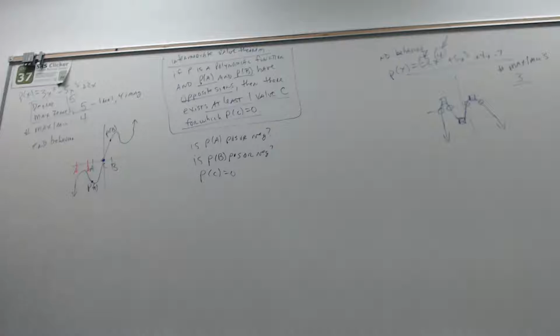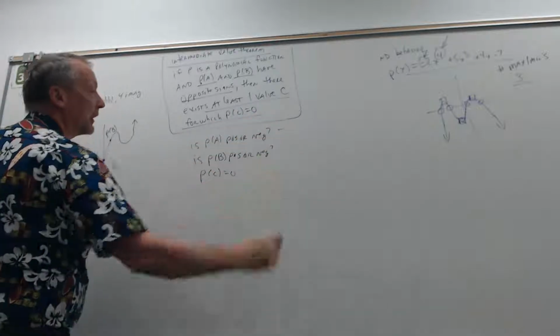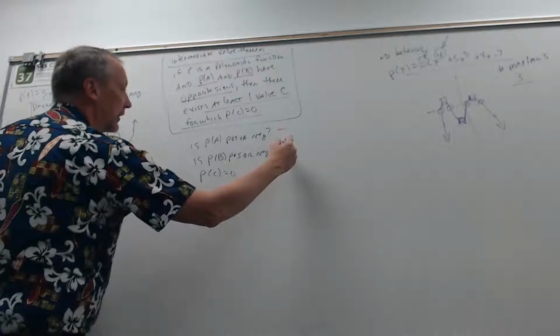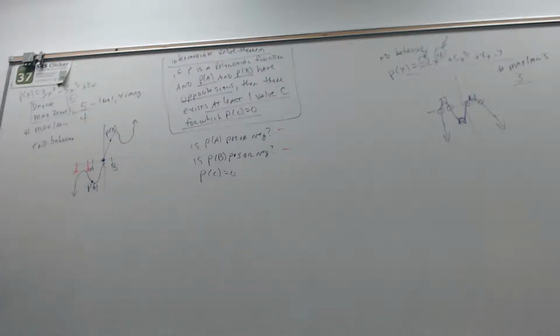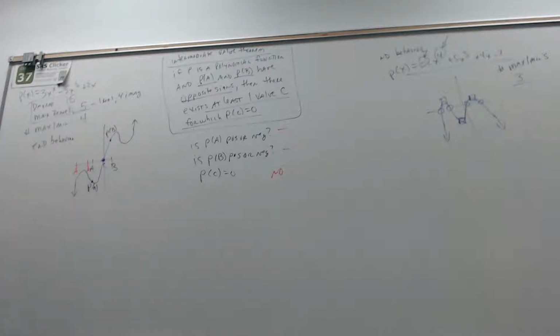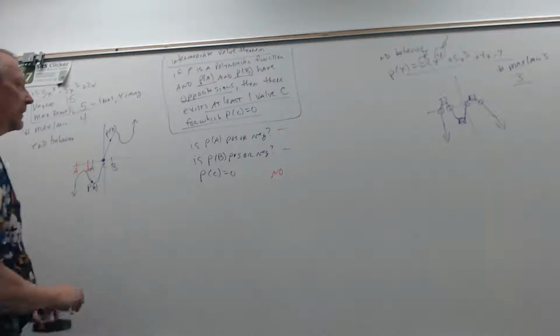So, red A and red B. Red A is negative. Red B is also negative. So is there a value that crosses the x-axis? Okay, no. Here's the problem though. Let me change my graph slightly.